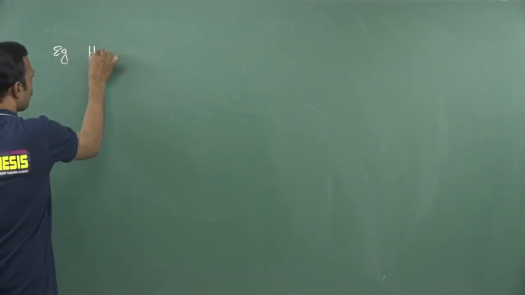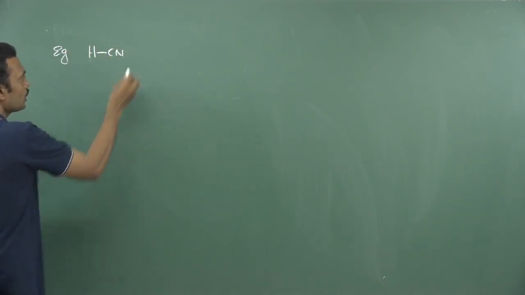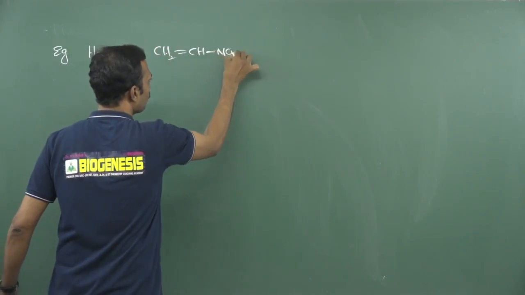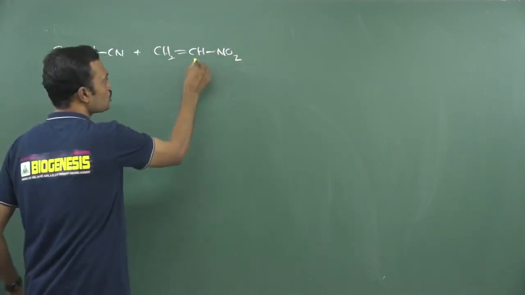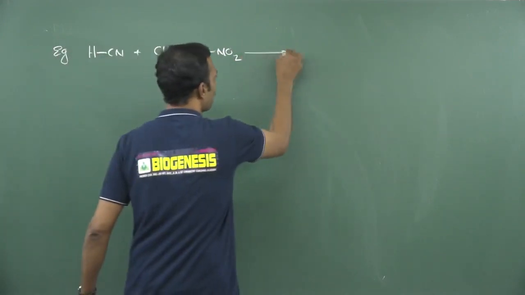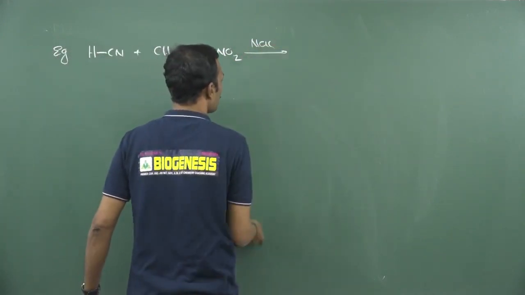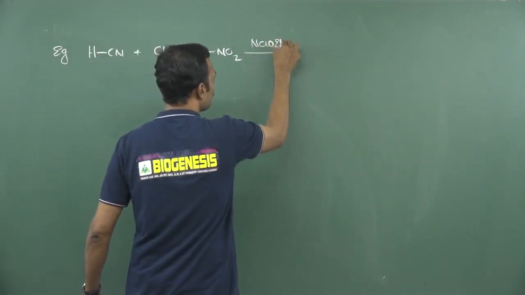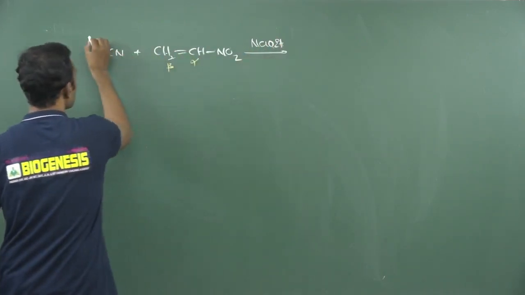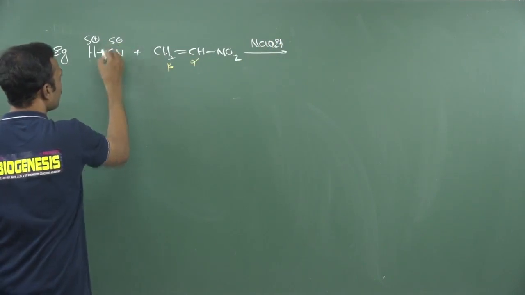See, you can also take hydrogen cyanide, it is acidic in nature. Now I am taking alpha, beta unsaturated nitro. See, this nitro is attached to this, this is alpha and this is beta. Now if I use a base, NaOEt, I am writing NaOEt here. Now this will take this proton, and then this will carry a negative charge.